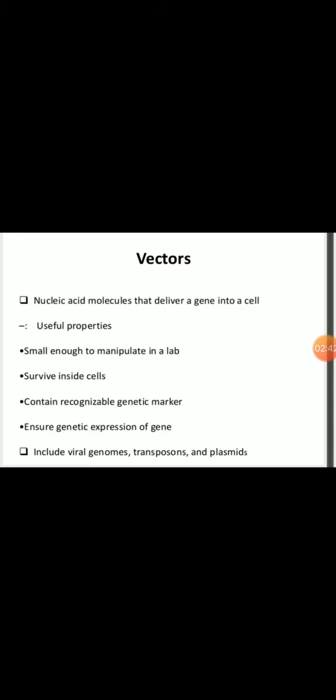It ensures the genetic expression of the gene. So these are some properties: it should be small in size, it should contain the selectable marker, and it should be viable within the cells. These are some ideal properties of the vector.